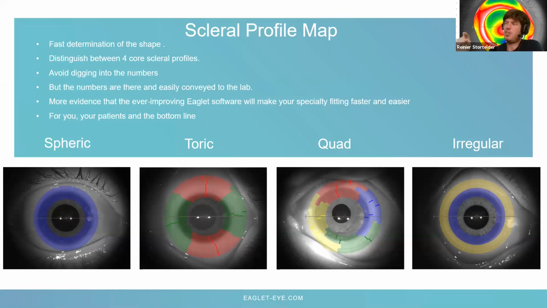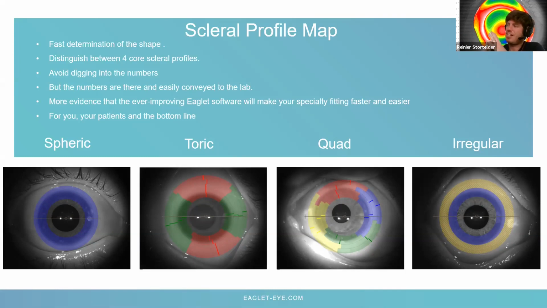If it is telling you it's toric, it means that the opposing quadrants are more or less the same, and the difference between the opposite meridians is more than 100 microns. If it is telling you it's quad, it means that one or more quadrants have more than 100 microns of difference.